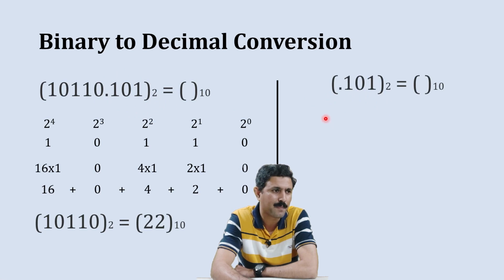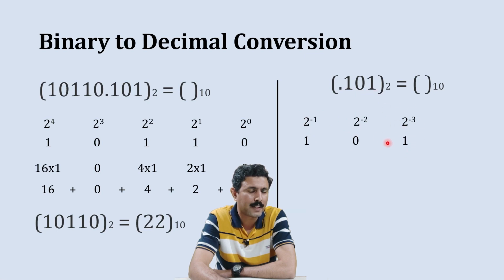What are you supposed to do? Again the same thing, you need to write this 101 in this manner and then multiply it with the proper weightage. When you move to the right hand side of the point, the first digit is this, and the weightage of that is 2 raised to minus 1. The second is 0 and the weightage is 2 raised to minus 2, and the third is this one and the weightage is 2 raised to minus 3.